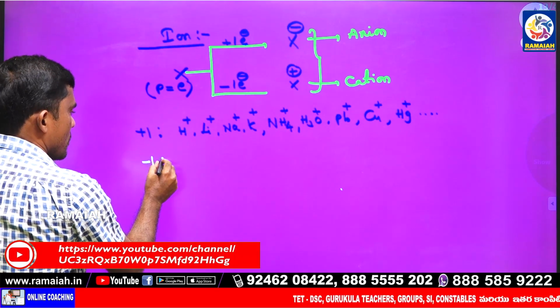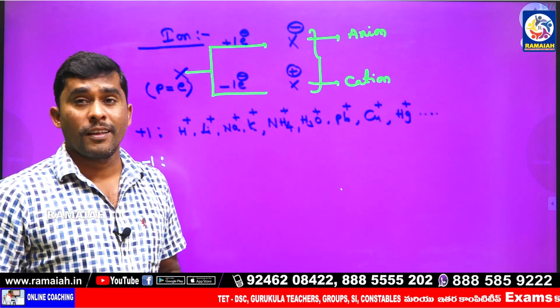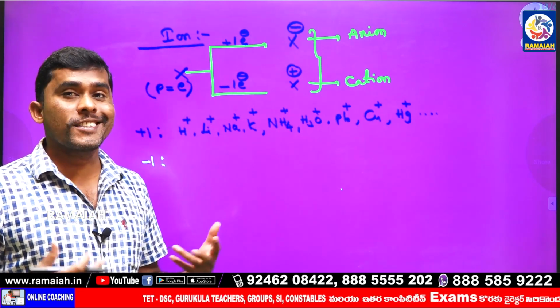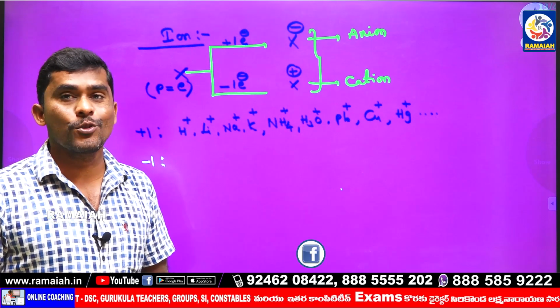Now -1 charge. Uni-negative ions. What are the examples of uni-negative ions?